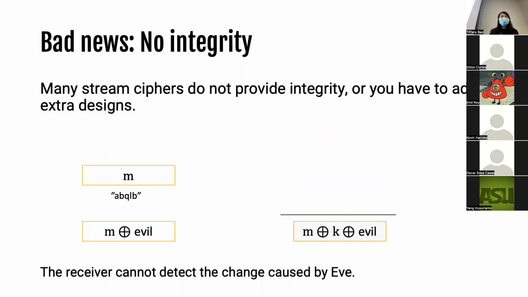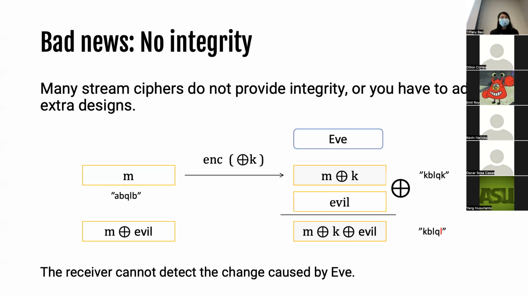For example, if we have a plain text, I just put a random string over there, and then that is sent to the recipient. After encryption, which is to XOR with the key, or the random generator associated with the key, you will get this new ciphertext. And then what Eve, a malicious attacker, could do is just change a bit. So he could, for the last letter, shift it by one more.